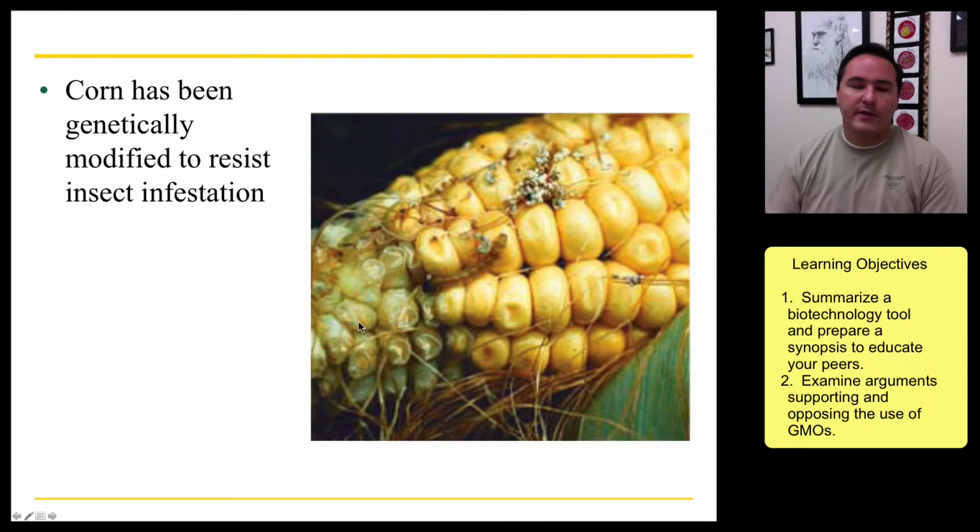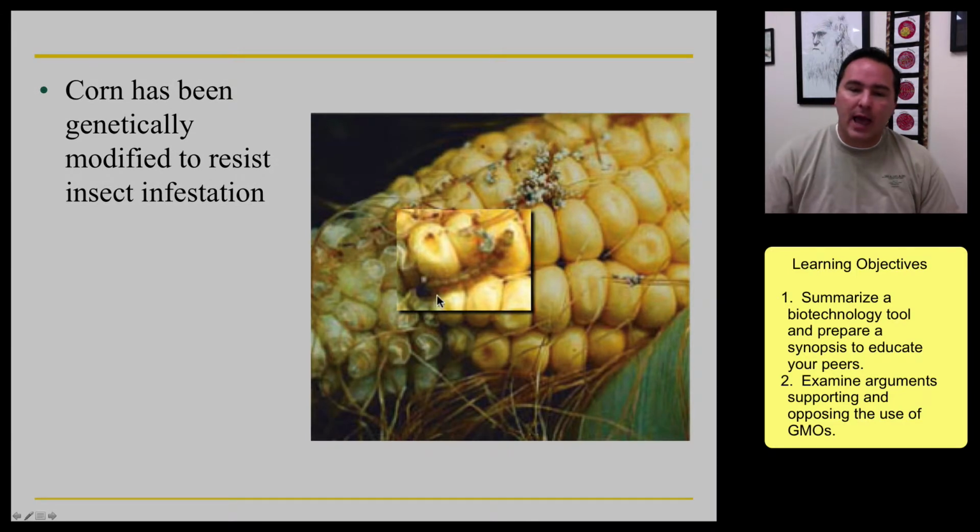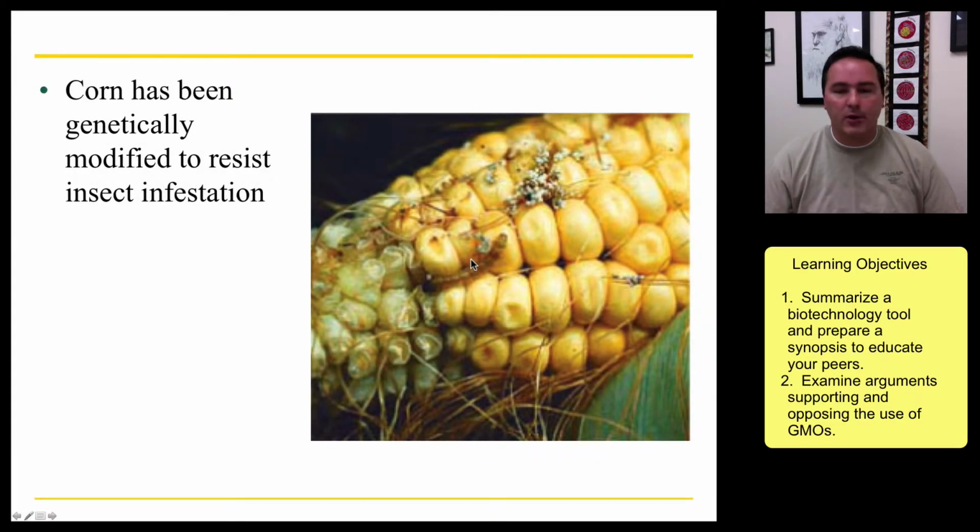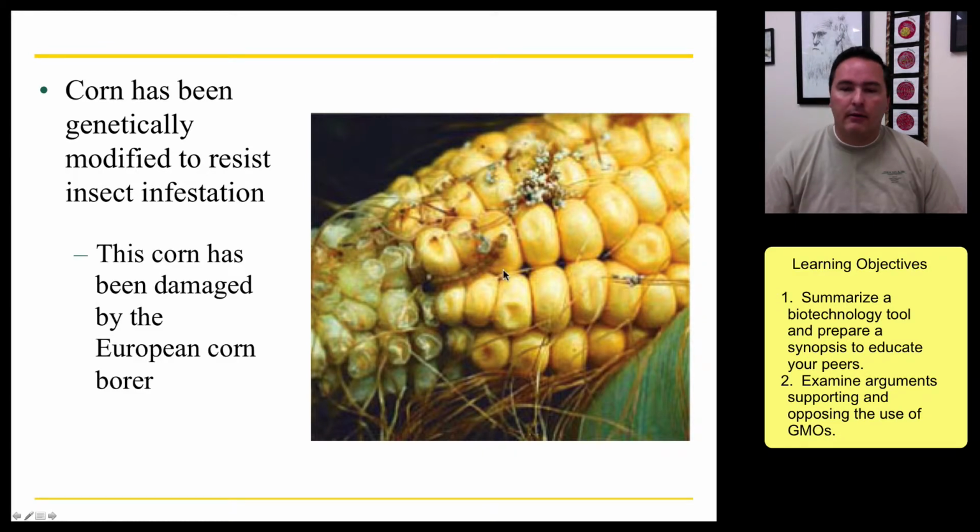Now, one of the examples that I really like is corn. Corn used to be infested by this caterpillar here, which is a moth caterpillar called the European corn borer, and the damage was quite extensive. It turns out, though, that the European corn borer has a hard time eating some types of plants, and these plants produce toxins and chemicals.